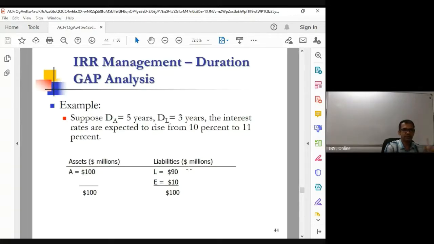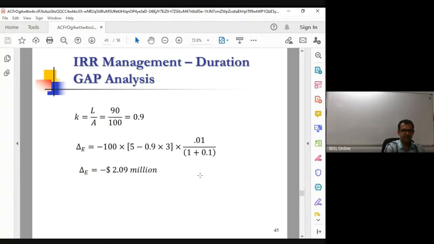What would happen if interest rate increases? Value of assets will go down, value of liabilities also goes down, but duration of assets is higher than the duration of liabilities. Not only that, value of assets is also higher. So the reduction in the value of assets is much more than the reduction of liabilities. So therefore the impact is negative.